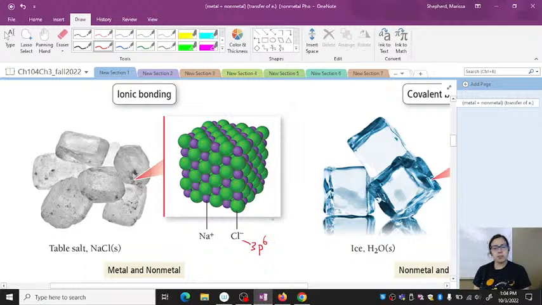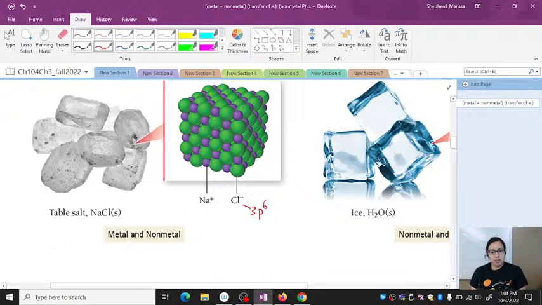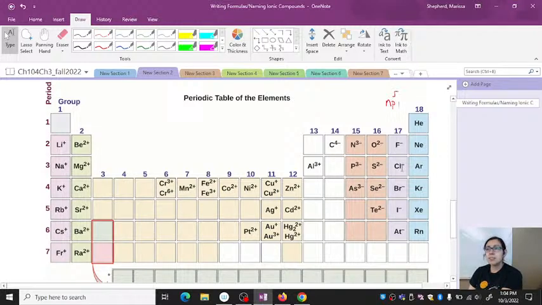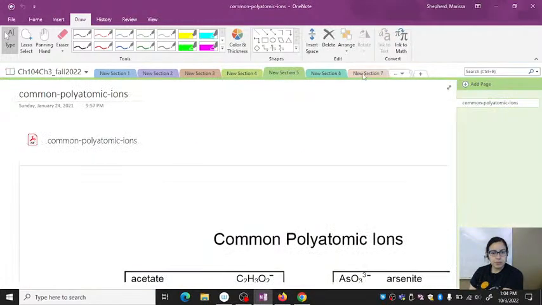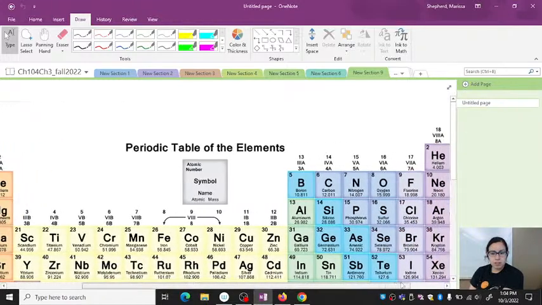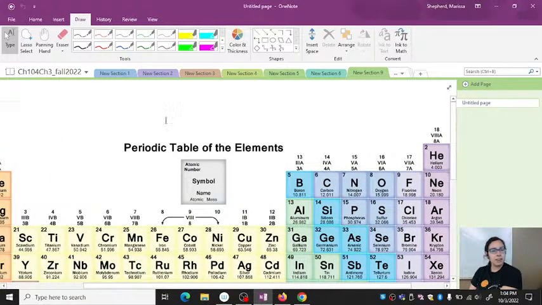So it'd be filled, but the nucleus still only has 17 protons.